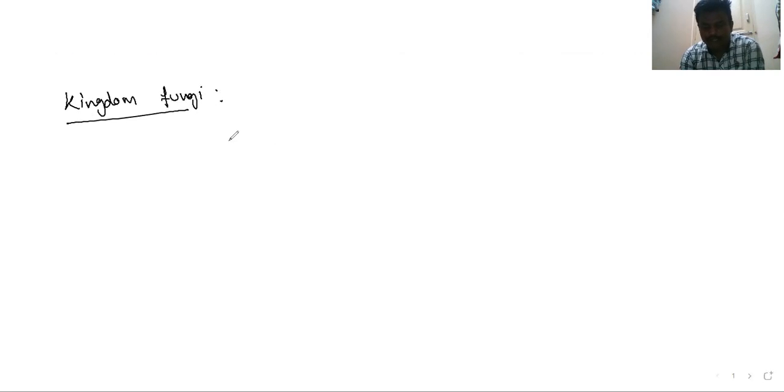Okay students, our next topic is kingdom fungi. In humid weather or during rainy seasons, we often find a white cottony mass, or black spots, on bread, chapati, or old walls.